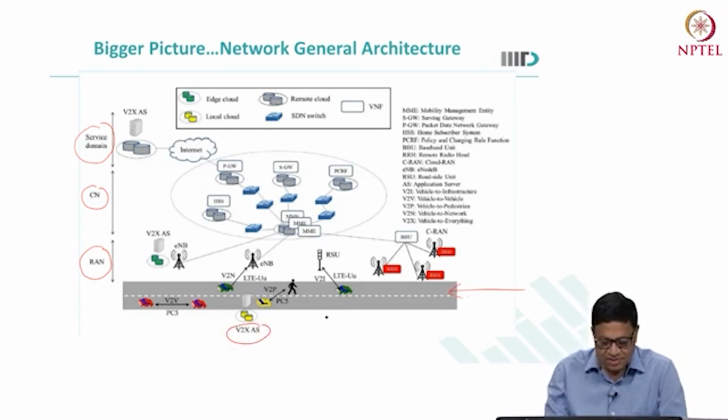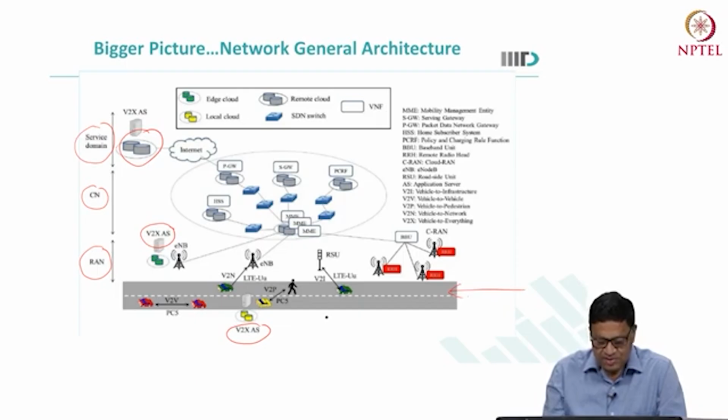Some of the information through the RAN is given to the core network, and some is processed in the RAN through this V2X application server. And then there is some processing happening at the cloud level, which is somewhere here.